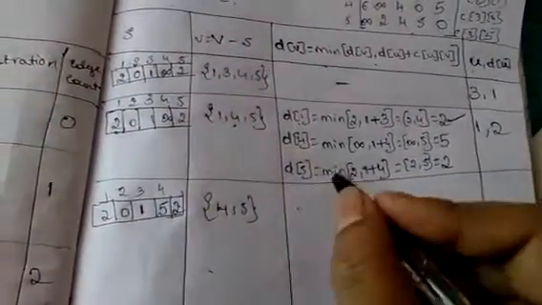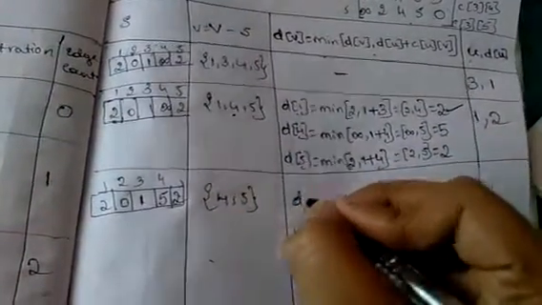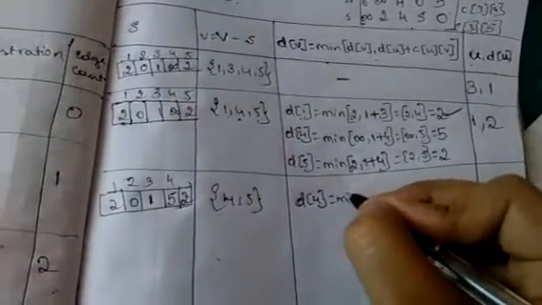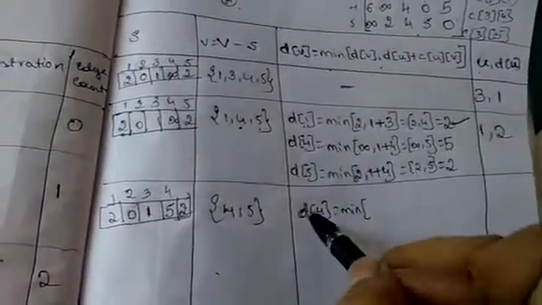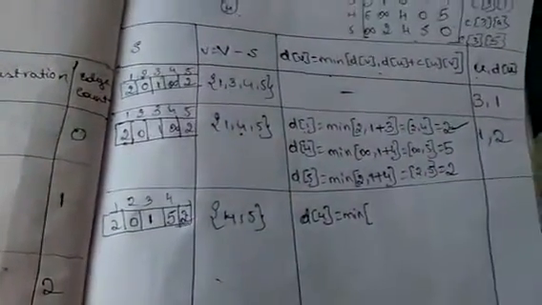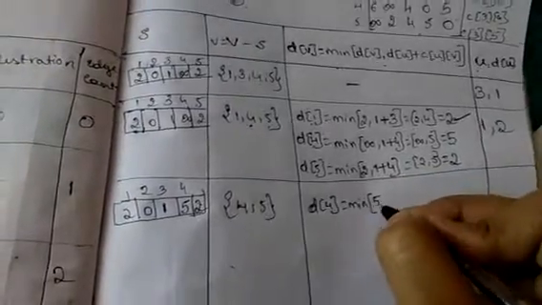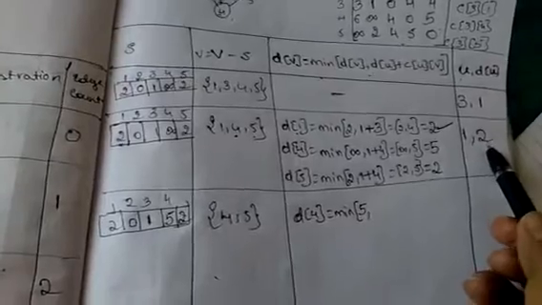Now you have to repeat the same thing. What you have to do? D of V. V value is 4 and 5 now. I'll take D of 4 is equals to min D of V. 4. What is the value of 4 now? It is 5. Comma. What is D of U? D of U is 2 now.